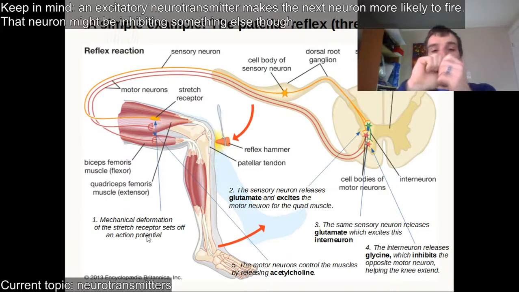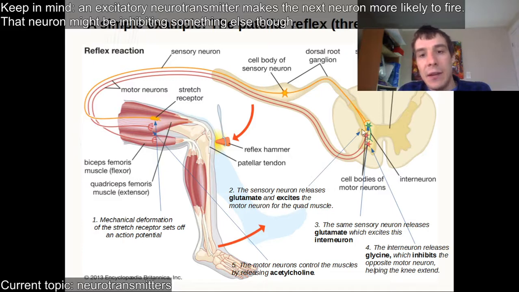The deformation, the actual twisting of the cell membrane, sets off an action potential. Sodium ions flow in, and then more sodium ions and more sodium ions, and that travels all the way up to your spinal cord from basically your thigh. So think about how far that has to go, and it's a single neuron. It's one single cell that's that long.